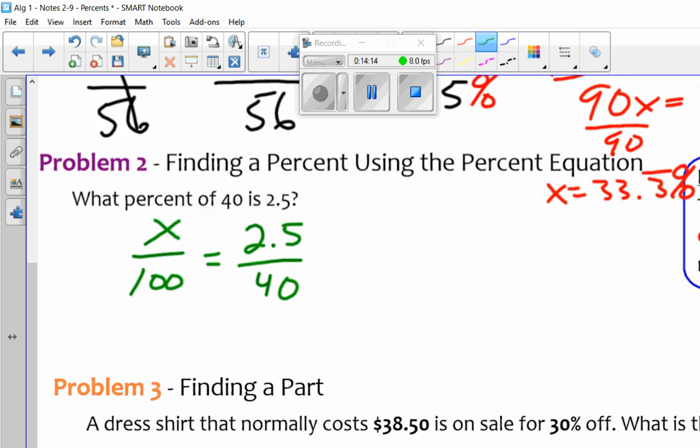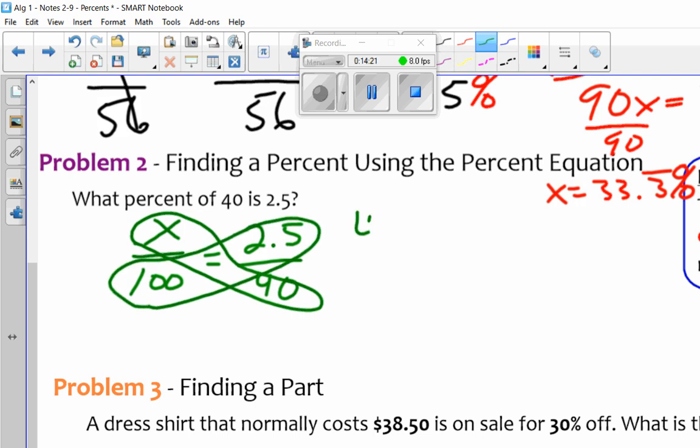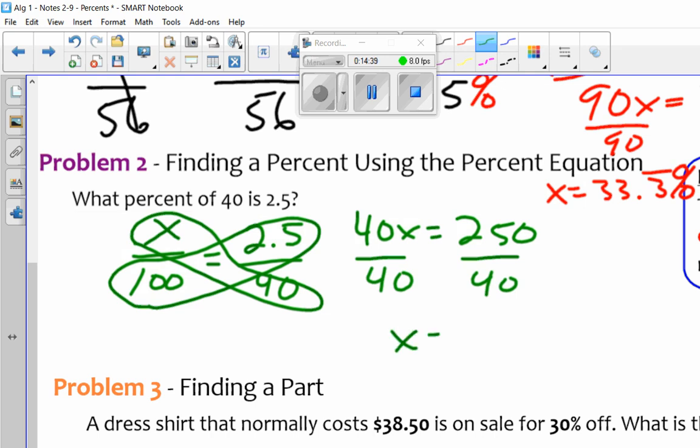So we do our cross products. I get 40x equals 250. Then I divide both sides by 40 and get 6.25. Remember, you're finding a percentage, percent.